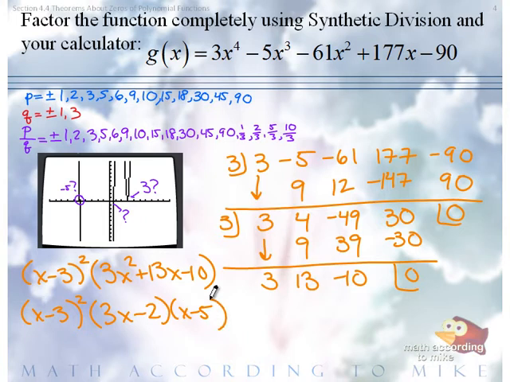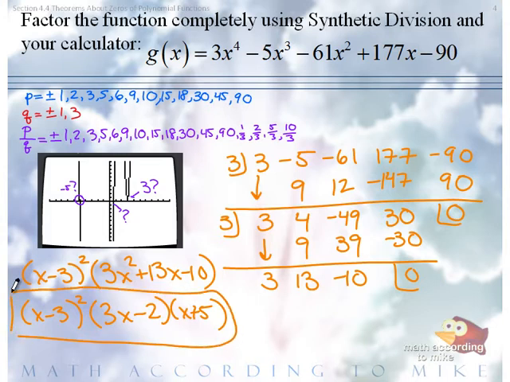Let me check. Yep, so positive 15 minus 2 would be 13. So x minus 3 quantity squared times 3x minus 2 times x plus 5 would be the full factorization.